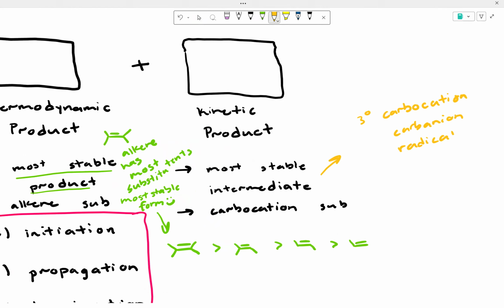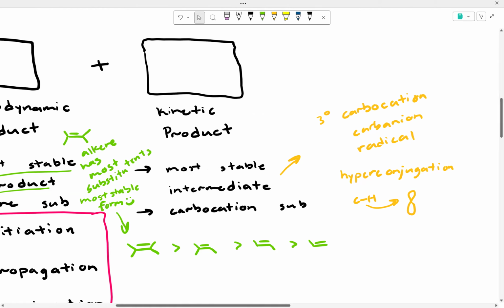And the reason why it's stable is because of hyperconjugation, which is when we have CH bonds, the electrons in a CH bond can donate into the empty p orbitals of adjacent atoms. And this makes the intermediate stable.